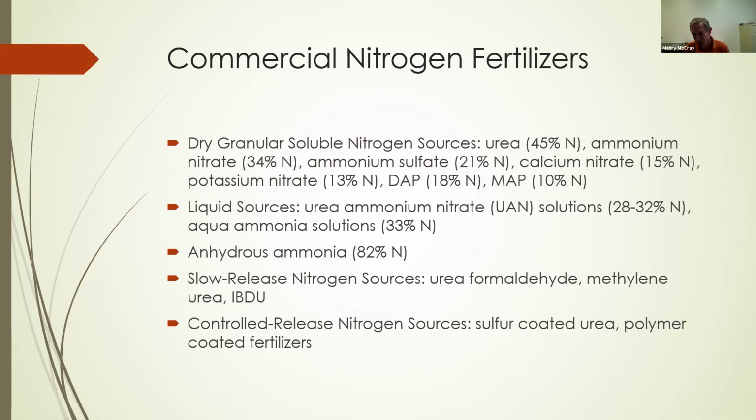The control release nitrogen sources include sulfur-coated urea and polymer-coated fertilizers. And with these you would have more control over the release of the material. The polymer-coated fertilizers have become more popular in recent years. These tend to be formulated so they release in relation to temperature, and you can plan the release for your crop in terms of when the crop needs the fertilizer, more so than with the slow release sources.